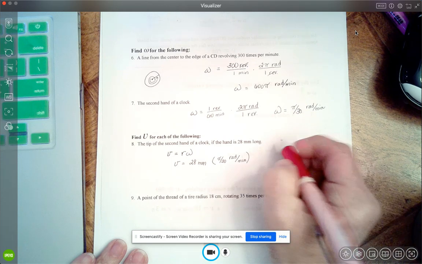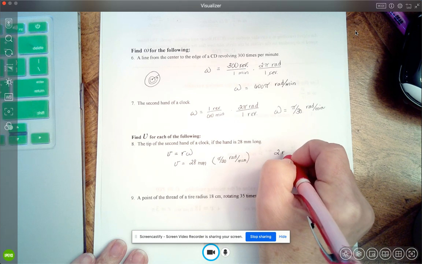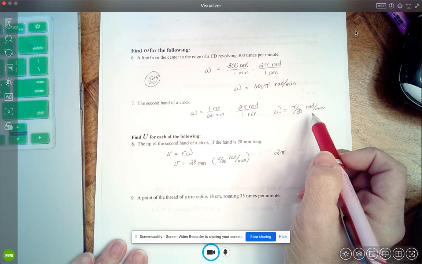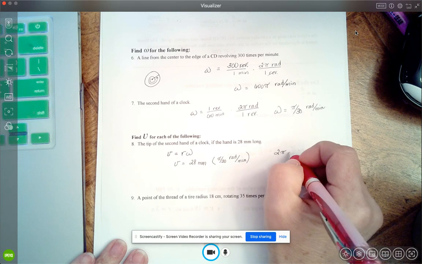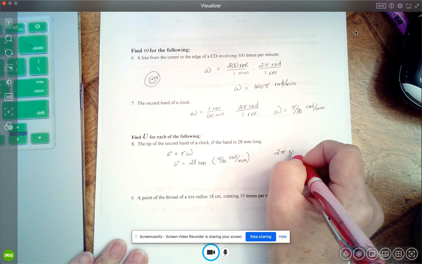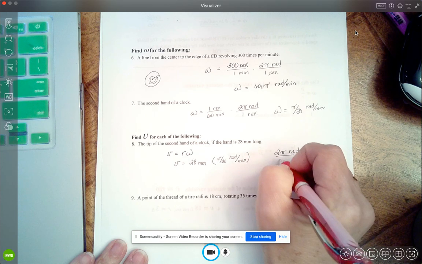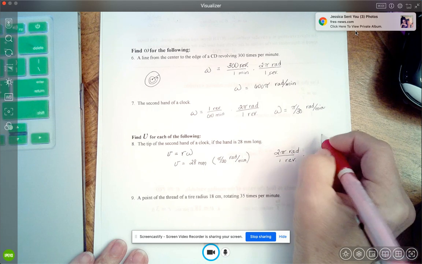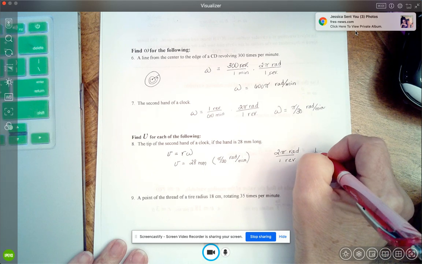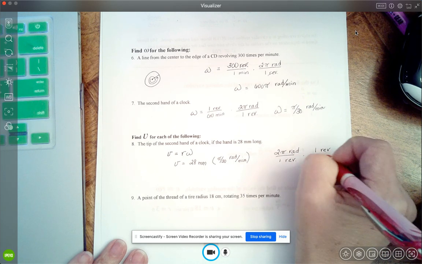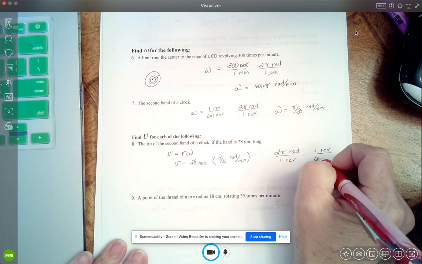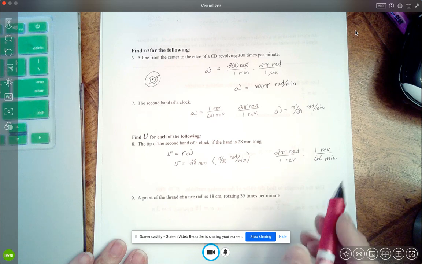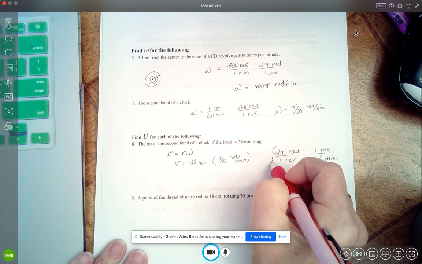How did I get that? There are 2 pi radians in one revolution, and there's one revolution in 60 minutes. So that's where this came from.